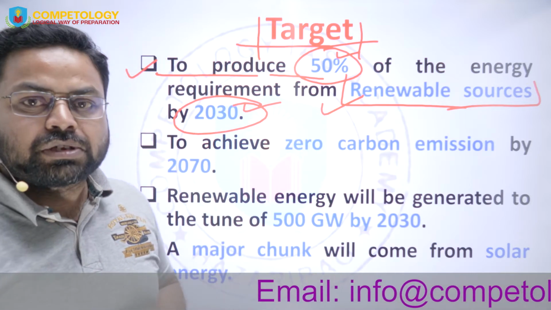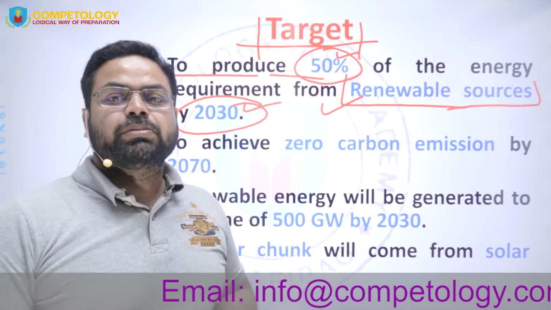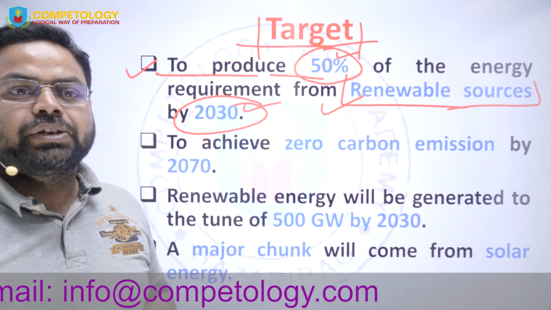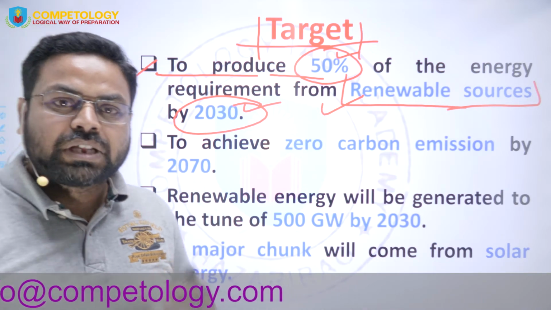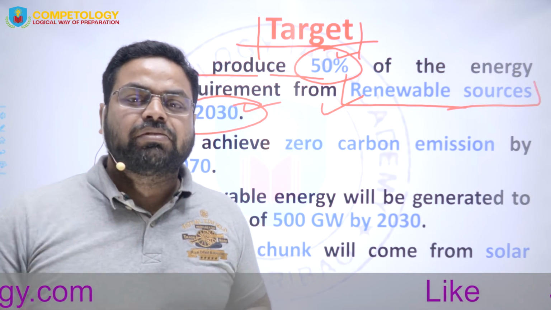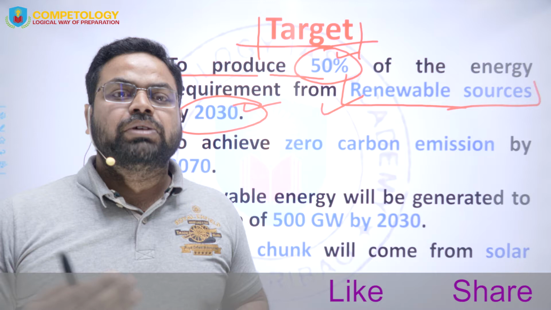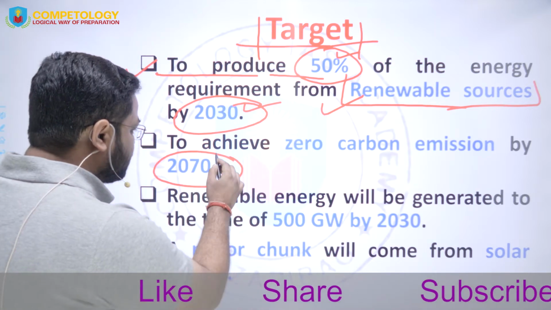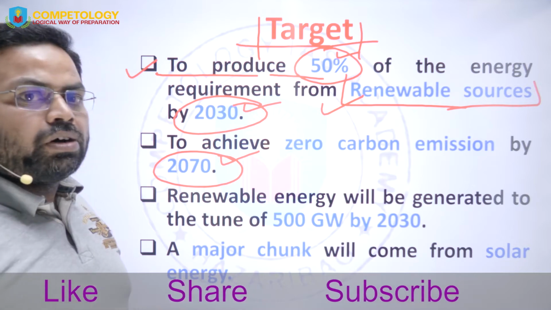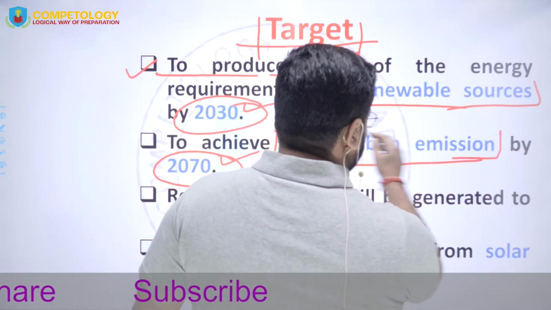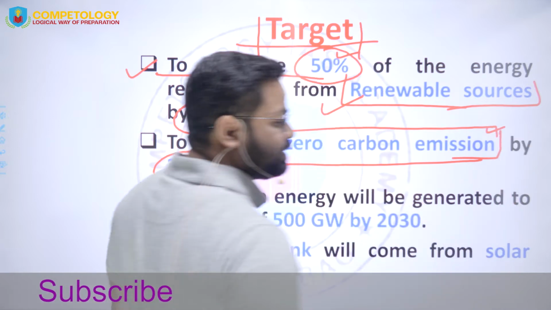It may be produced from wind energy, solar energy, biomass, etc. Whatever renewable source of energy is available, from that India is targeting to produce 50% of its energy requirement by the year 2030. And the target is to make India carbon neutral, that is, zero carbon emission.